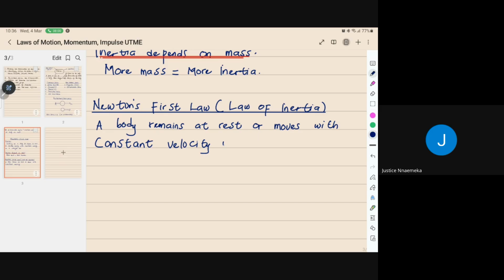Constant velocity in a straight line, unless acted upon by a resultant force.